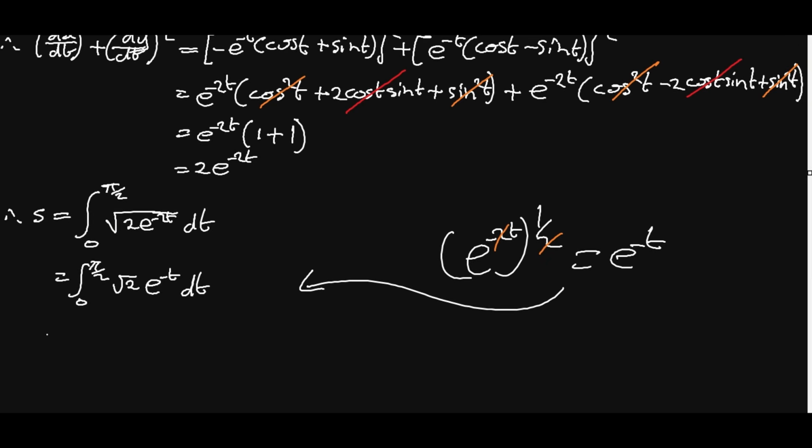So the square root 2 is outside, it is a constant, times the integral from 0 to pi over 2 of e raised to minus t dt. The integral, the exponent will come back as this, divided by this minus 1. So therefore it will be minus here. Then our limits 0 to pi over 2.